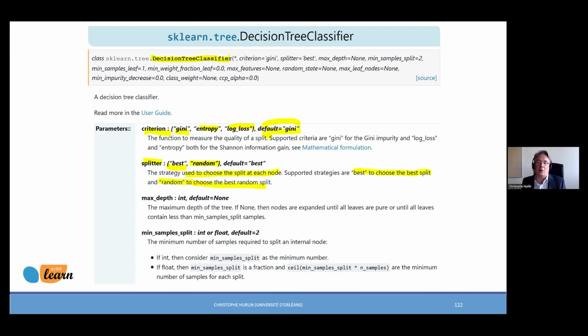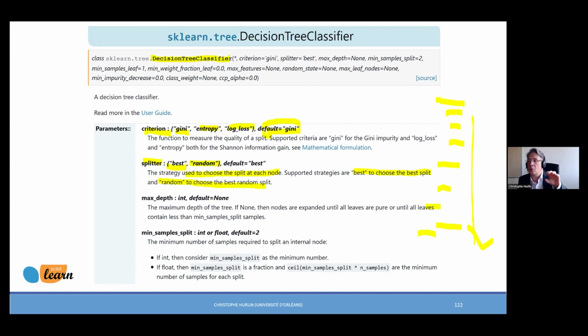This is just a way to accelerate the computation, because if I use the best, the algorithm will consider all the variables, all the potential thresholds. At each node, we have a loop over all the potential variables and all the potential threshold values. If you want to accelerate, there is a risk that you miss the optimal value.